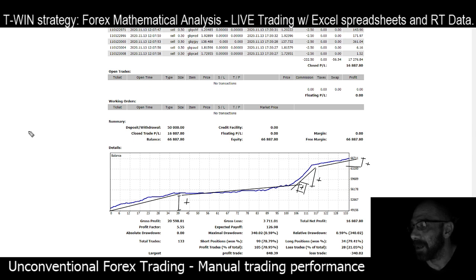For me, it's very encouraging and psychologically positive, the fact of anyway closing with some profit, even if it's not that much.